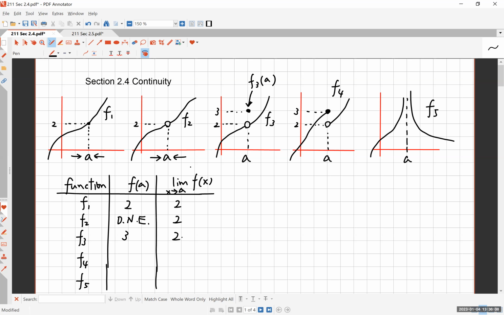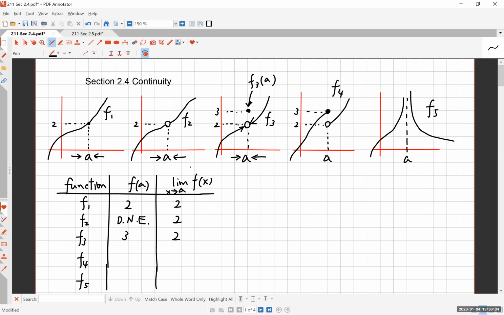I hope you can see that. As x approaches a from this side, the value of the function approaches 2. It never becomes 2. In fact, it jumps to 3. And as x approaches a from the right, the value of the function still approaches 2, even though it jumps to 3 when x is precisely at a, right? So the value of the limit is the same for all 3 functions.